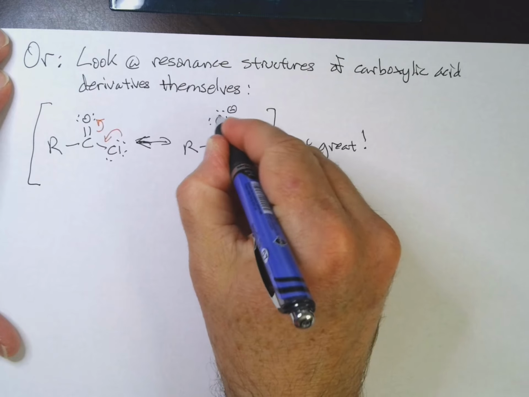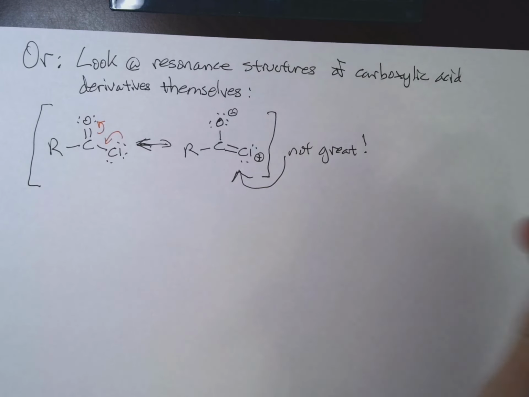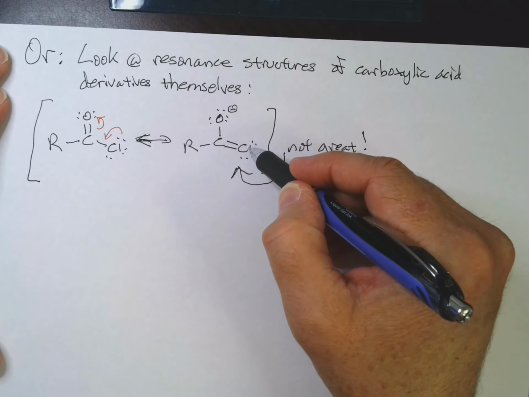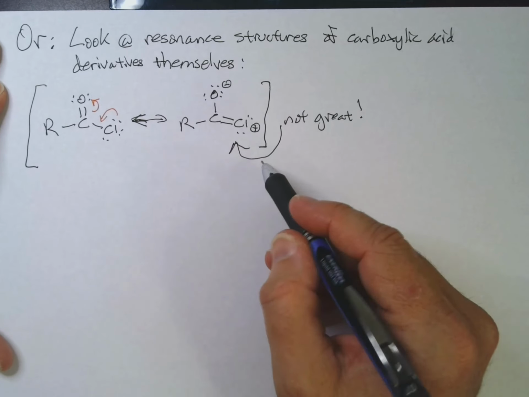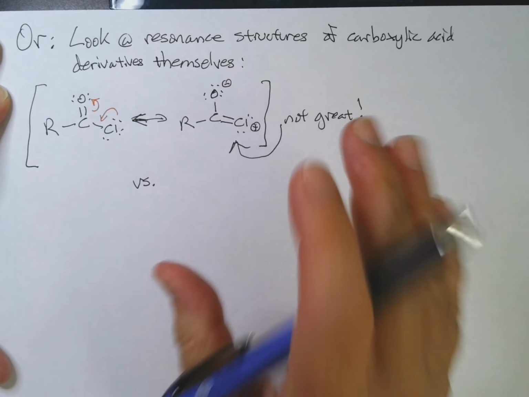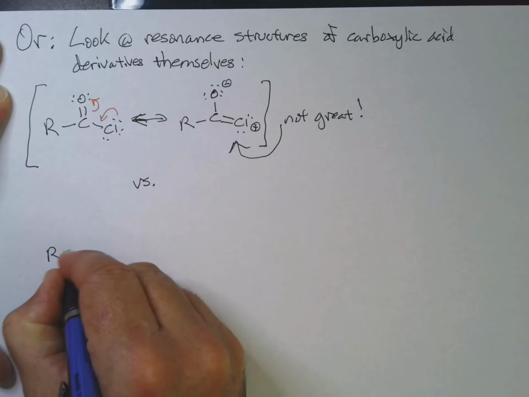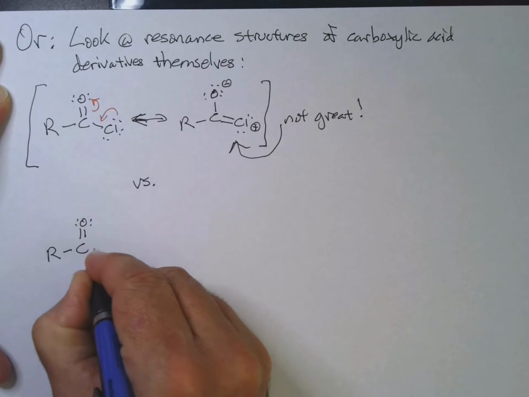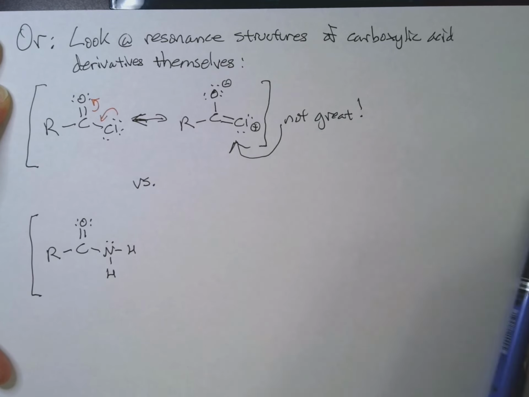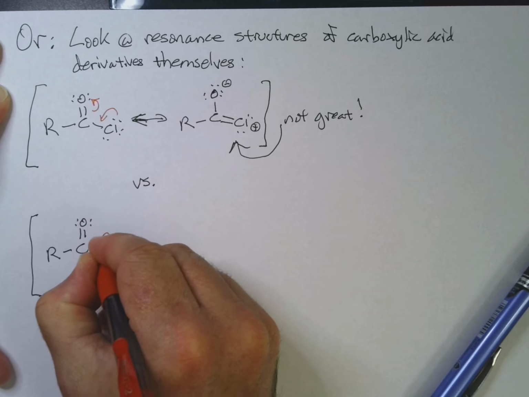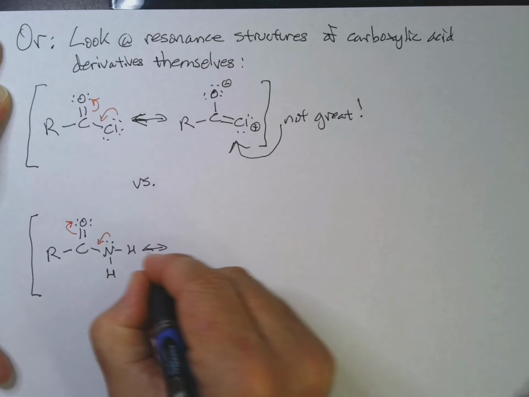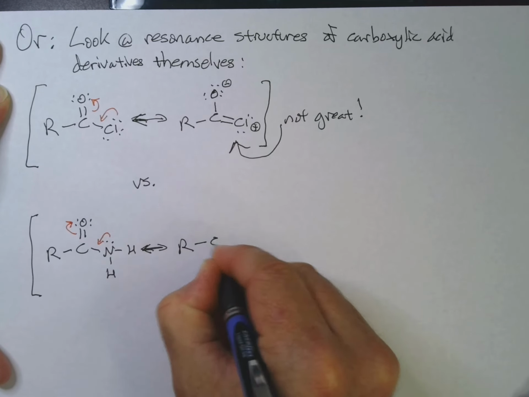Well, in addition to the negative on the oxygen, which is fine because, you know, we've got OH minus, that exists in solution. The key here is we've got charge separation and a positive charge on chlorine, which is not really that happy. Now you can do this for the other carboxylic acid derivatives as well. I'm just going to do it for amides because, again, these are the extremes of the carboxylic acid derivative reactivity spectrum. And in a slide in a minute, I'll go ahead and summarize that.